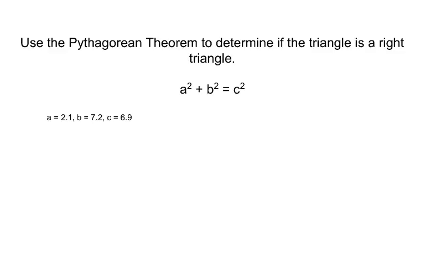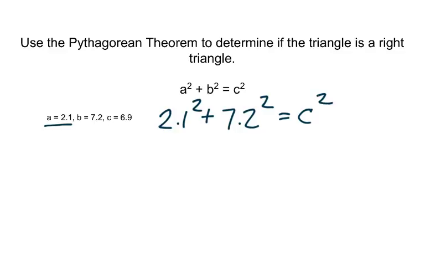Okay, now I just have a series of numbers, an A, a B, and a C. The A and B are legs, and we're going to plug them in and see, could these three measurements make a right triangle? Let's try it. A is 2.1, so 2.1 squared plus 7.2 squared equals C squared. 2.1 squared, I did on my calculator, which is 4.41, and then 7.2 squared is 51.84, equals C squared.